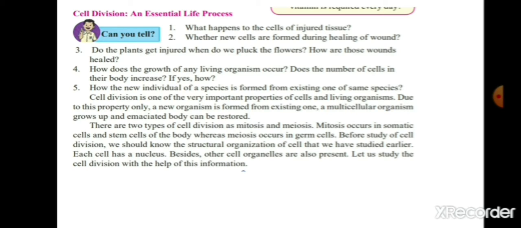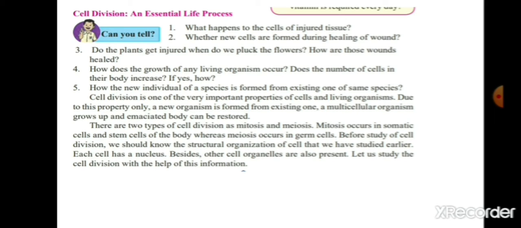In asexual reproduction, there is mitosis. This cell division helps in forming a new individual. In sexual reproduction, gametes are formed by reduction division called meiosis. Due to chromosomes, genes and DNA, the new individual of a species becomes similar to the existing species.